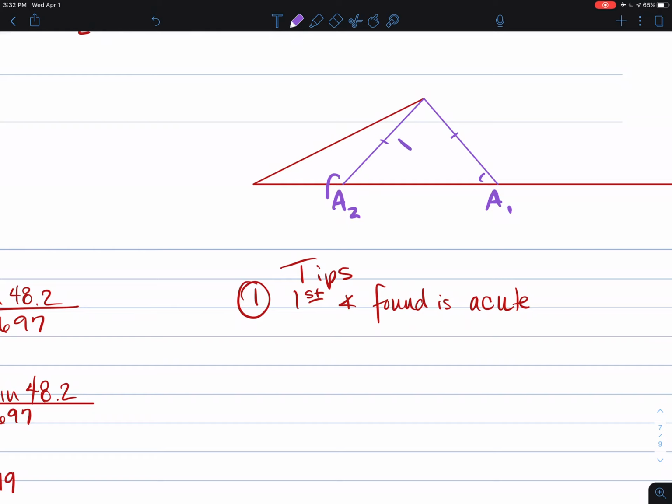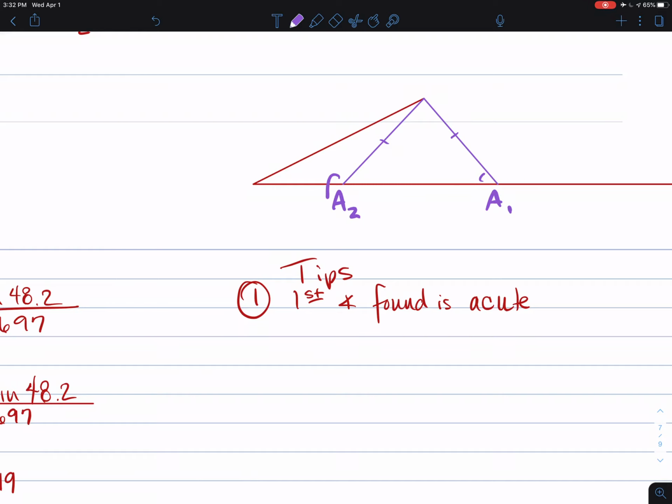Well, since I have 2 sides that are exactly the same in this tiny little triangle, because remember this is side B and this is also side B, since they're identical to each other, then I also know that the angles opposite those 2 sides have to be exactly the same size.